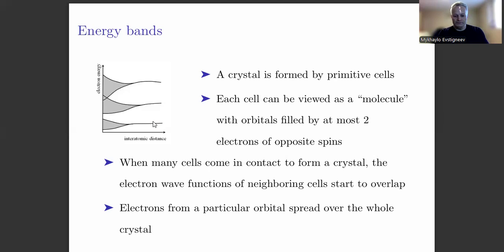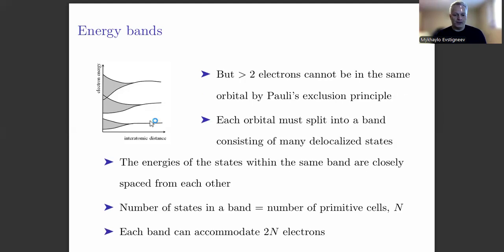Now, how many bands should we have? Well, that depends on the number of orbitals. Each orbital splits into a band. If orbitals had similar energies, then the bands into which they split can overlap, or they can repel each other.